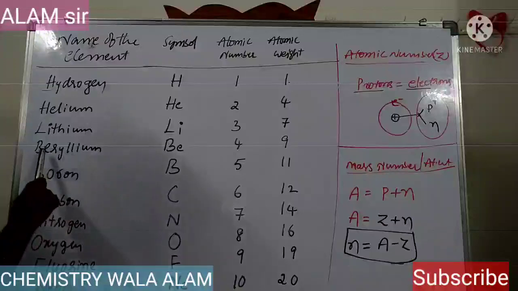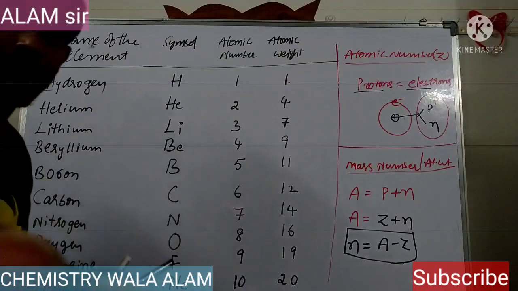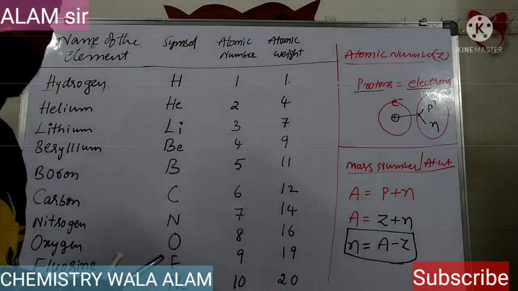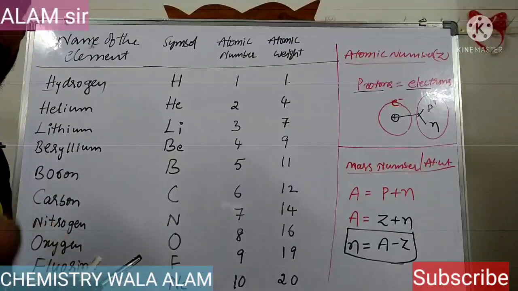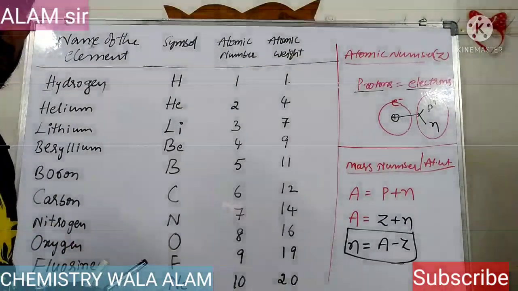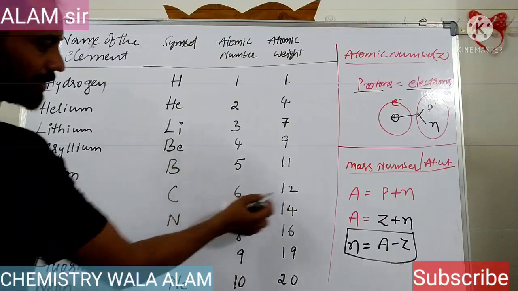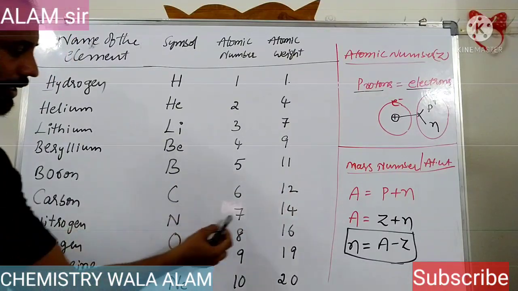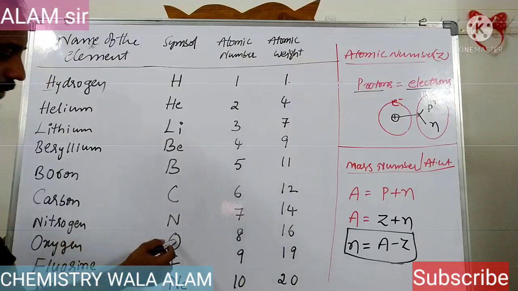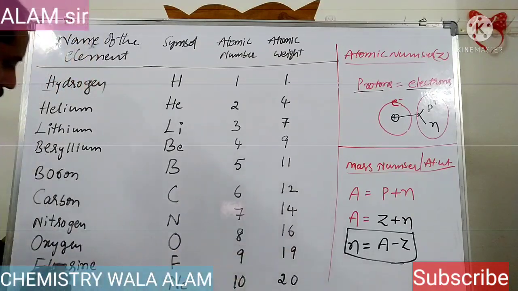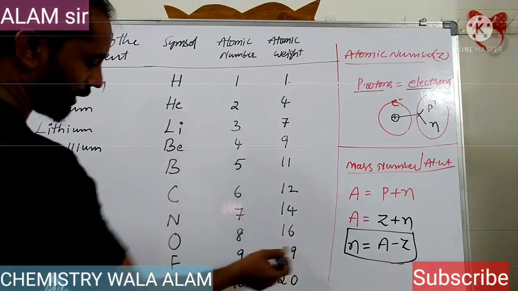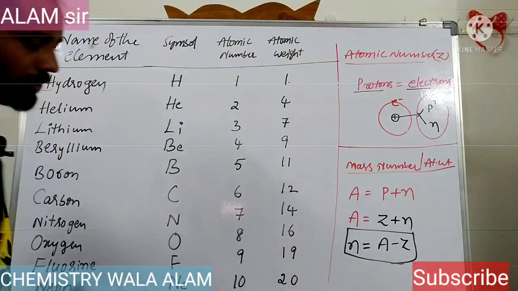Lithium, beryllium, Be 4 9. Next, boron 5 11. Carbon 6 12. Nitrogen N 7 14. Oxygen O 8 16. Fluorine F 9 19. Neon 10 20.